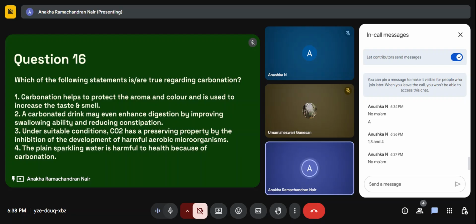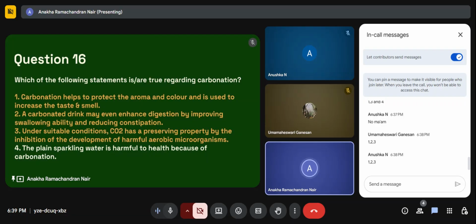Do you want to try guessing what the answer is? Alright, 1, 2, and 3.